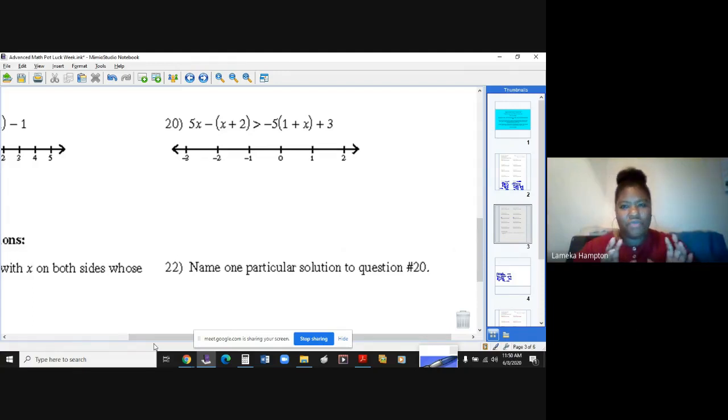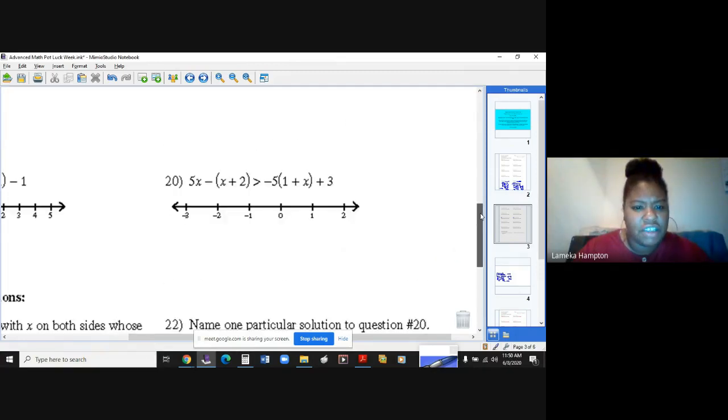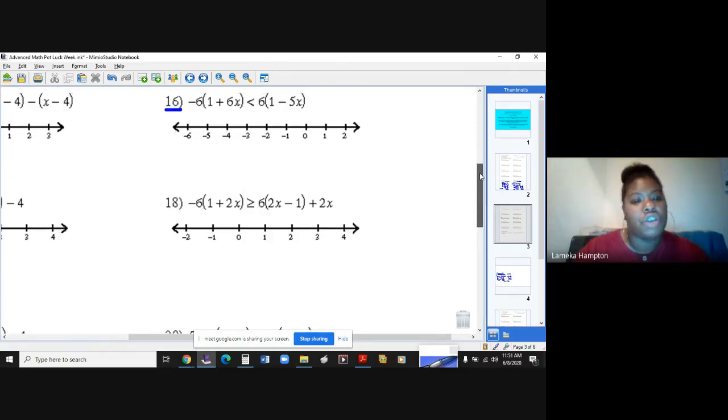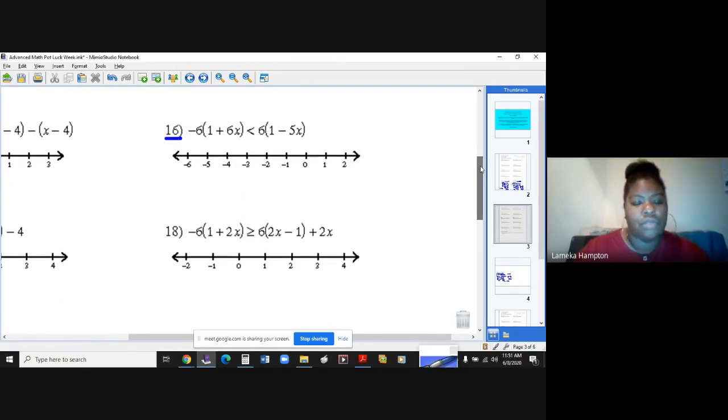Number 20 is a very, very good problem simply because it's dealing with a lot of elements that we've already covered. Okay. But I'm going to go ahead and stick with number 16. And we may tackle number 20 tomorrow, because I know time will not permit us to do it today. But if you want to take a stab at number 20, feel free. All right.